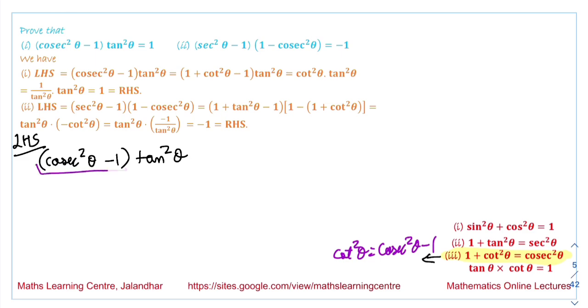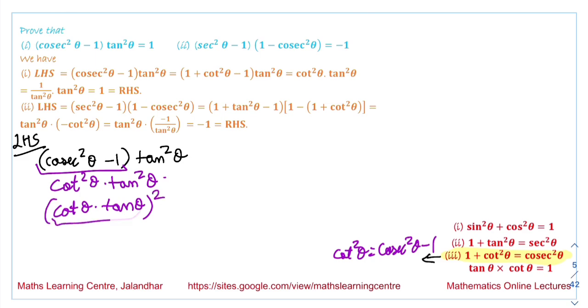It means this value is cot square theta into tan square theta. So it is cot theta into tan theta square. The value of cot theta into tan theta is 1. So the answer we are getting is equal to 1, and that is equal to RHS.